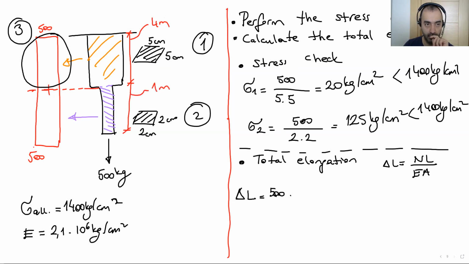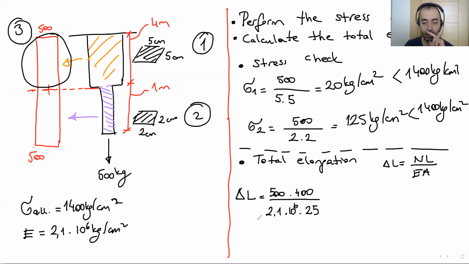Okay. Total is 4 meter, 400 centimeter. E, what is E? 2.5 times A. A is here, the area of the first portion.